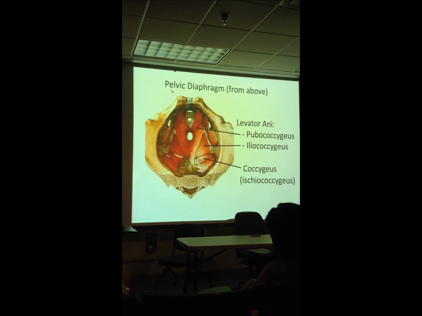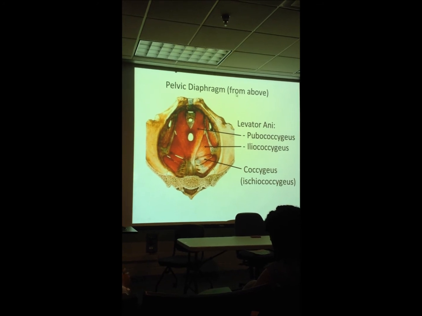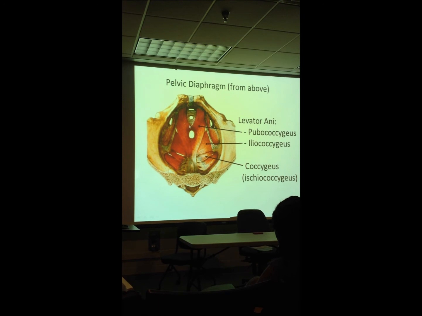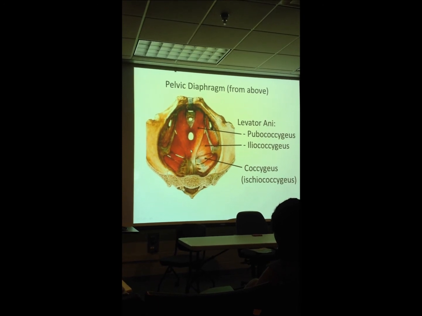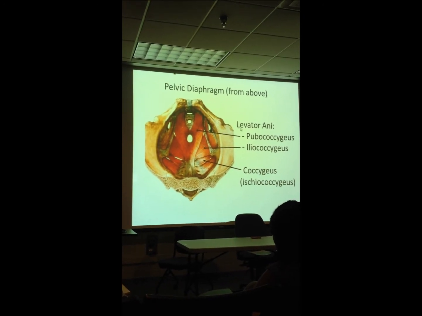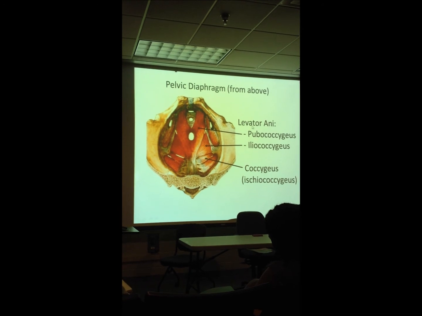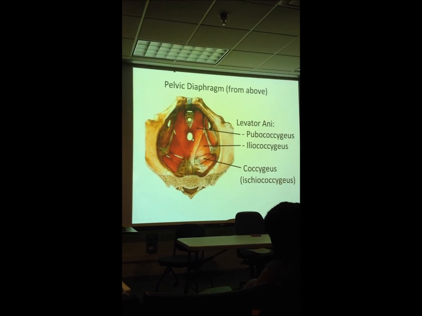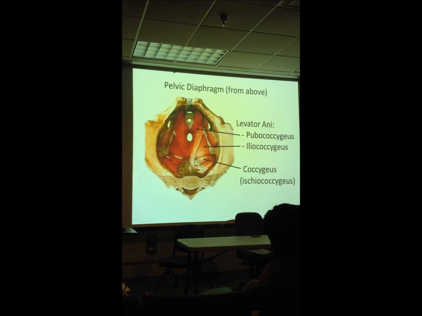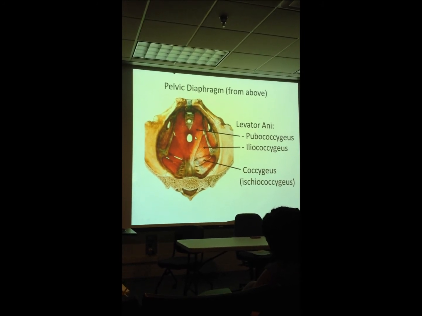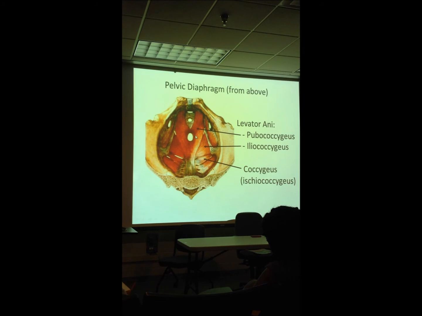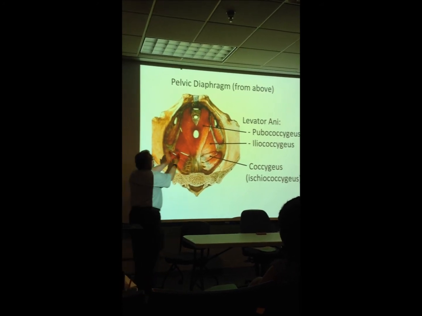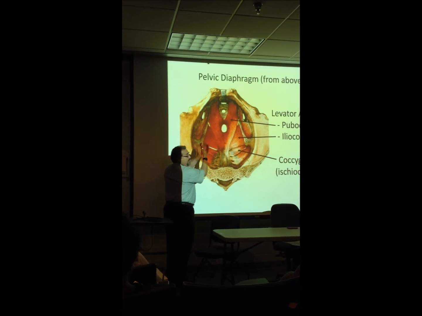Then we moved on to the pelvic diaphragm. The pelvic diaphragm from above has these parts to it. There's a levator ani, and levator ani is called that because it can elevate the anus. Both these muscles, when they contract, because it's a bowl, they pull up like that.